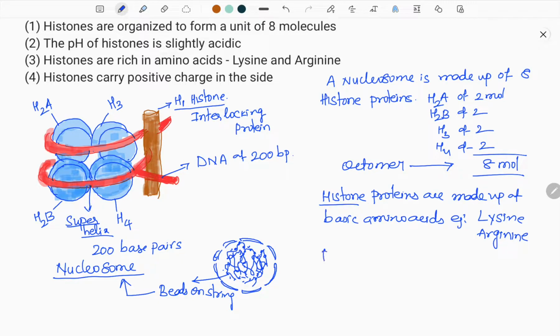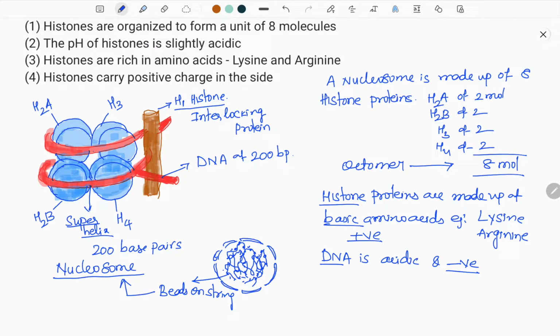And we know that DNA is acidic. Because of the phosphate, DNA is acidic and negative, whereas histone proteins are basic and positive. So what happens here? The DNA being negative wraps around the positively charged histone proteins and gets electric neutrality. The electric charge of DNA gets compensated by association with the histone proteins.